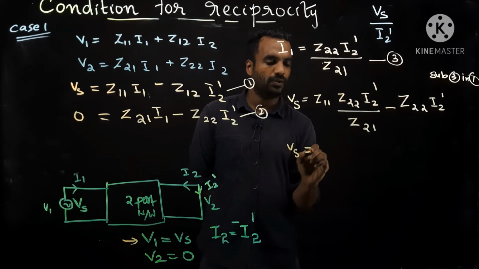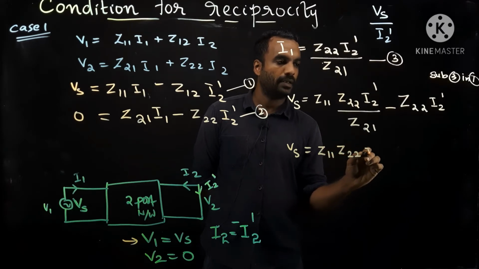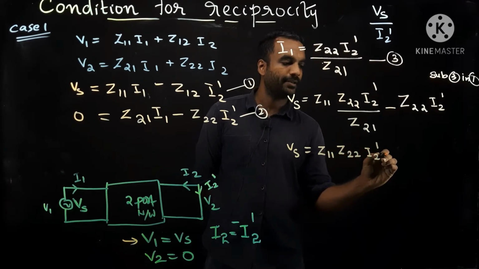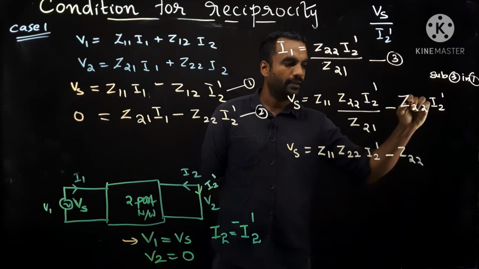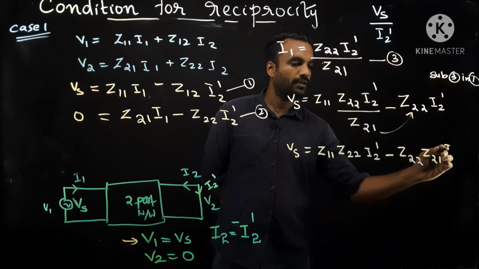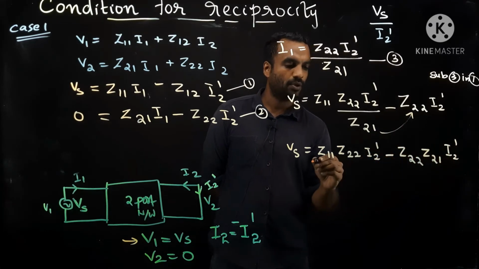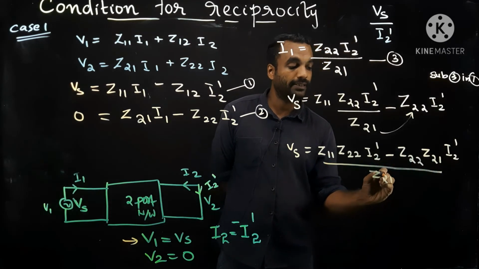Vs is equal to Z11 Z22 I2 dash minus Z22 Z21 I2 dash all divided by Z21. Is it okay?